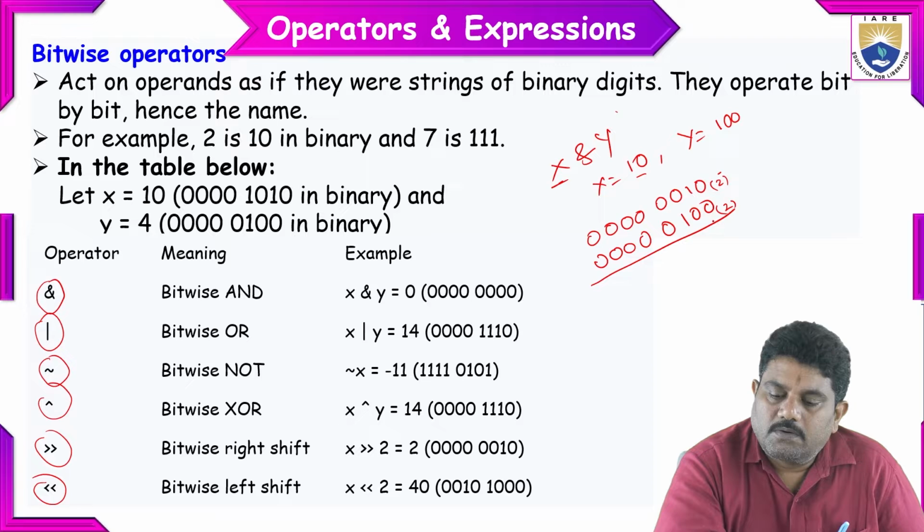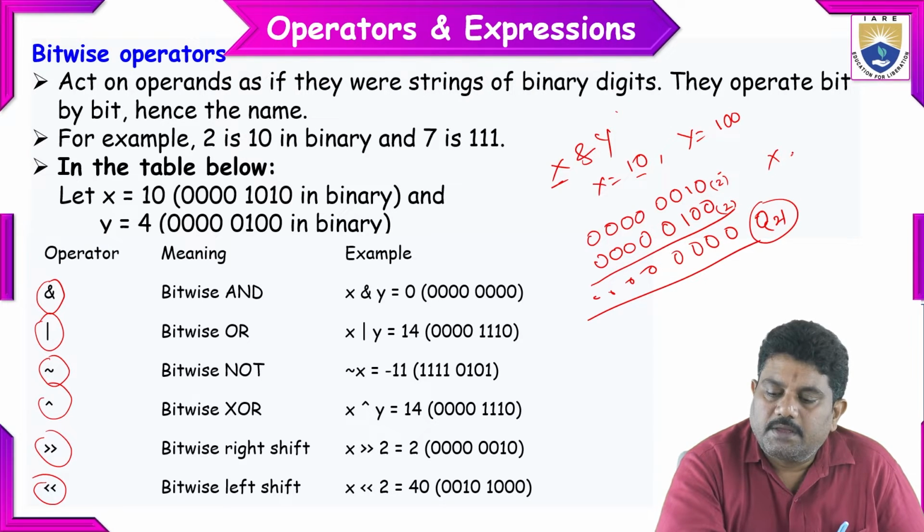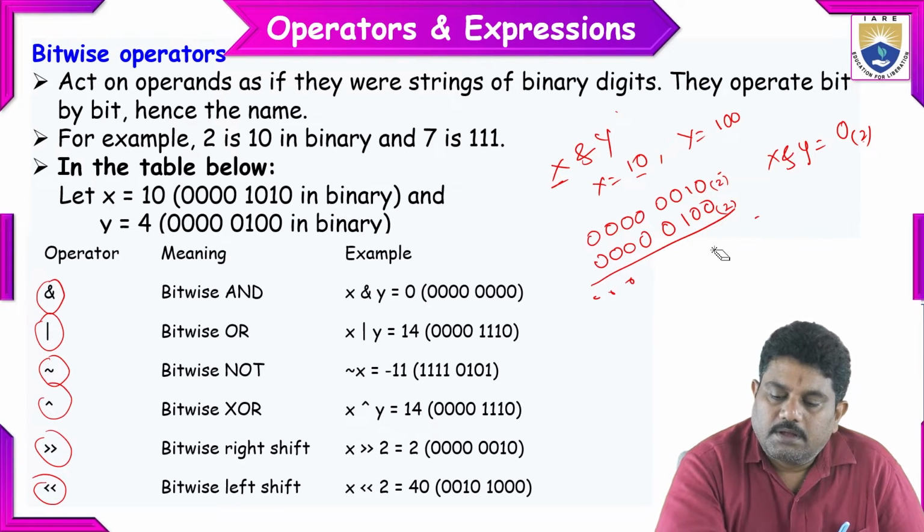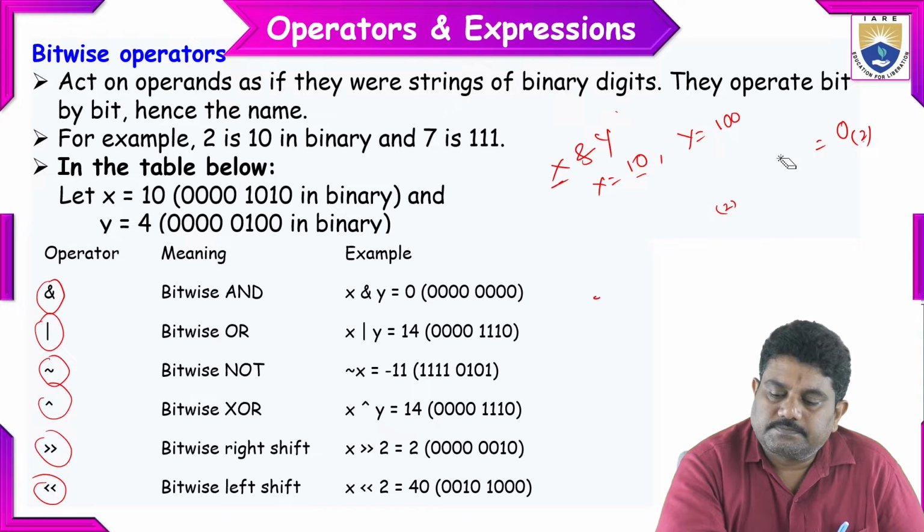Now X and Y becomes all 0. X and Y becomes 0 in binary, but we have to represent it in 8 bits. Next operation we will see.